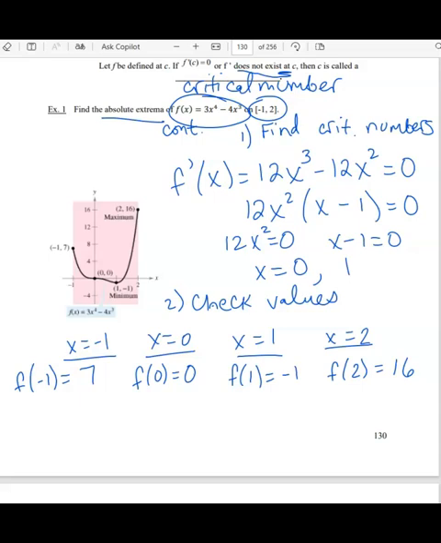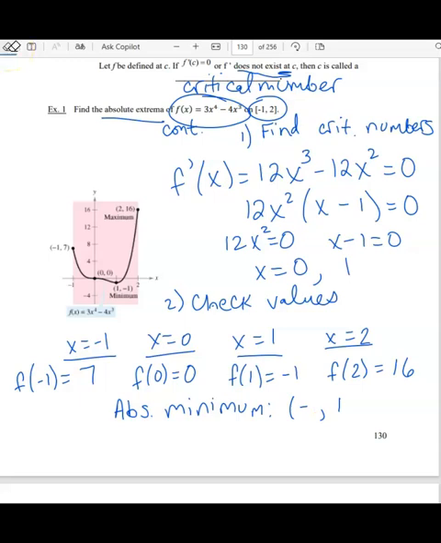Okay, so look at those four values. Which one is the highest? Which one is the lowest? The lowest is going to be your absolute minimum. So we're going to say there is an absolute minimum at the location -1, and the value there is equal to, no, I'm sorry, wait a minute, hold on.